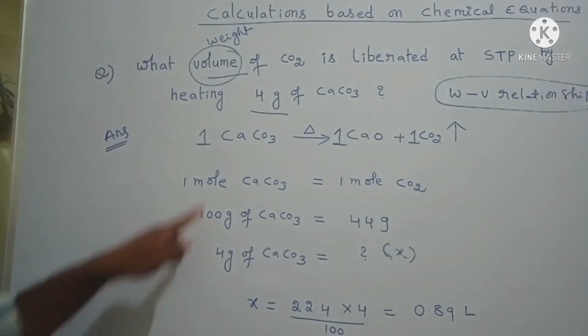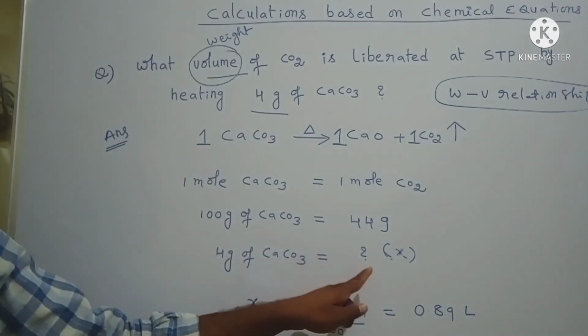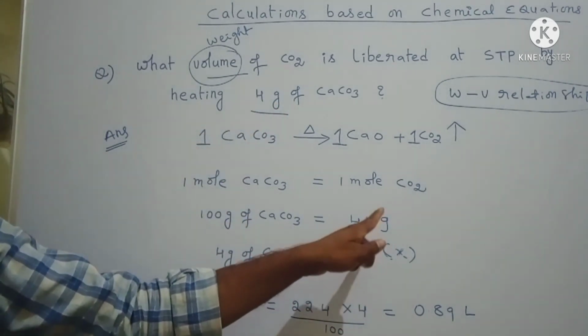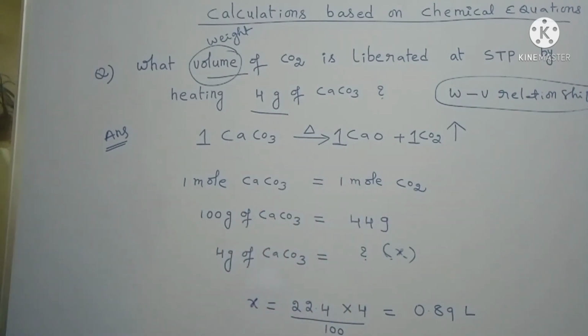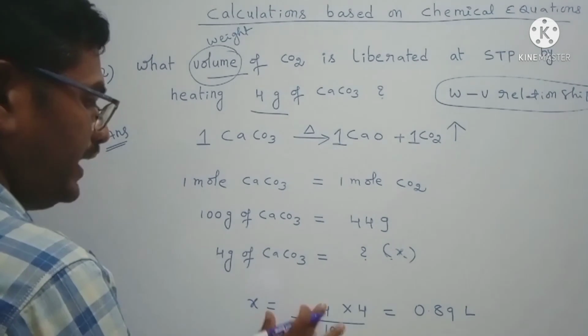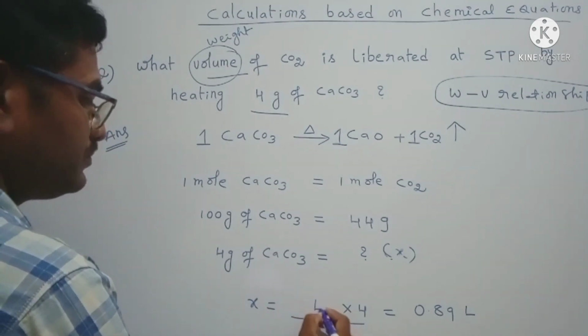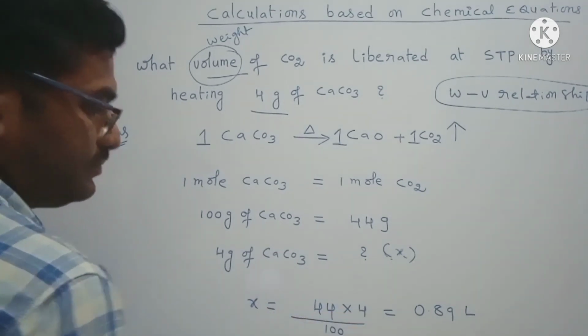Now 4 grams of calcium carbonate will give you how much amount of CO2, by cross multiplication. So 44 into 4 by 100.